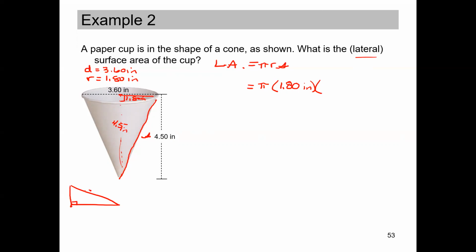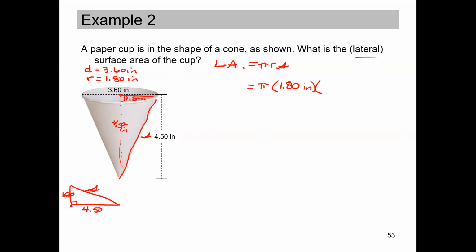So find s. And this right here on the side would be 1.80. This is going to be 4.50. You can leave off the zeros for now, but just remember you had 3 significant digits. So we'll use 1.8 and 4.5 for now.